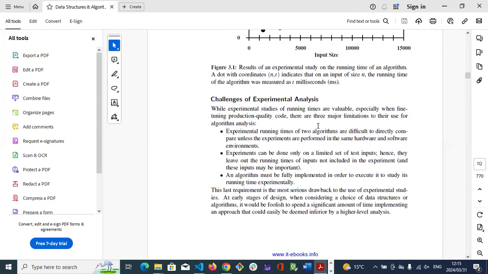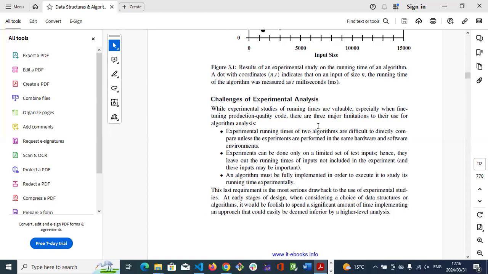We have challenges of experimental analysis. First, the experimental running times of two algorithms are difficult to directly compare unless the experiments are performed in the same hardware and software environment. Second, experiments can be done only on a limited set of test inputs, hence they leave out the running time of inputs not included in the experiment, and these inputs may be important.